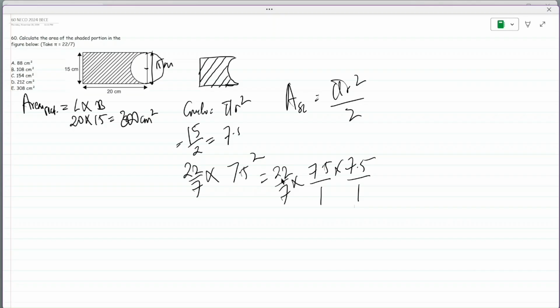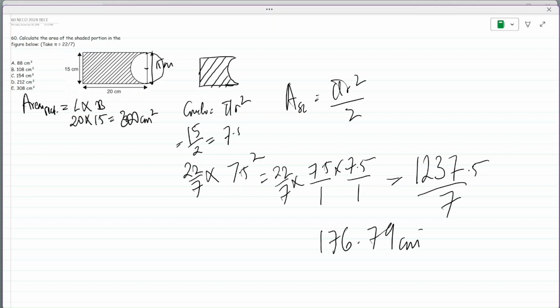We can do 22 times 7.5 times 7.5 with our calculator, which will give us 1237.5 divided by 7. 1237.5 divided by 7 will give us 176.79. That's the area of the circle.